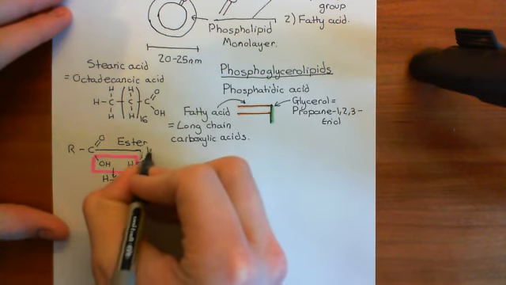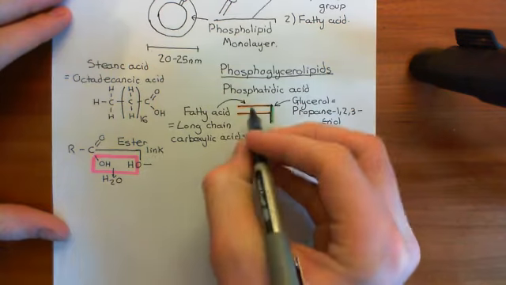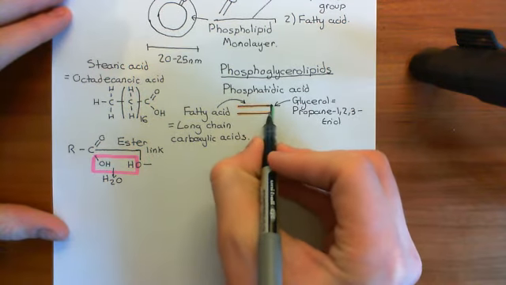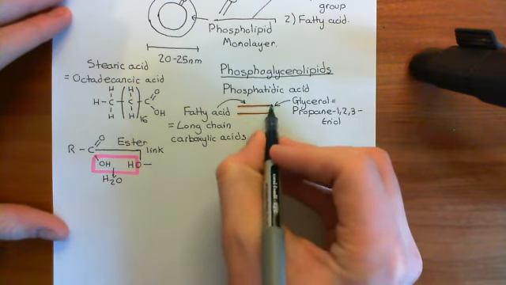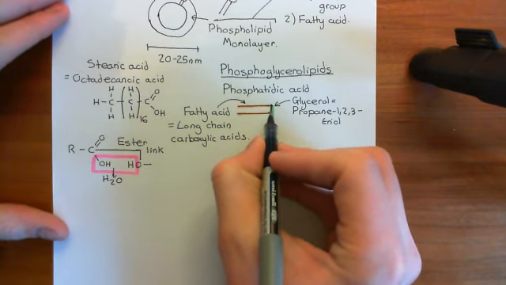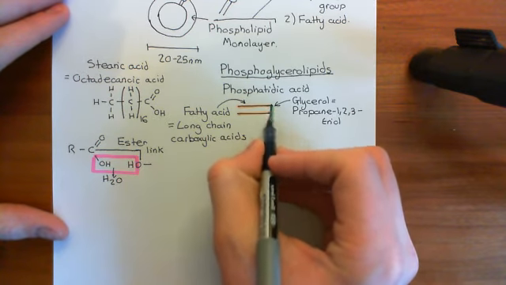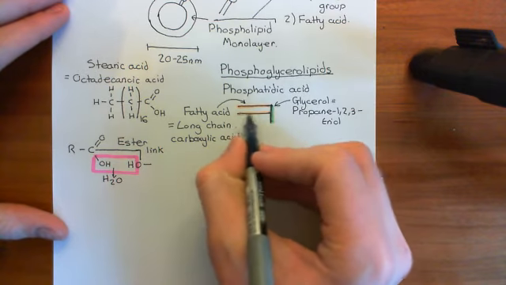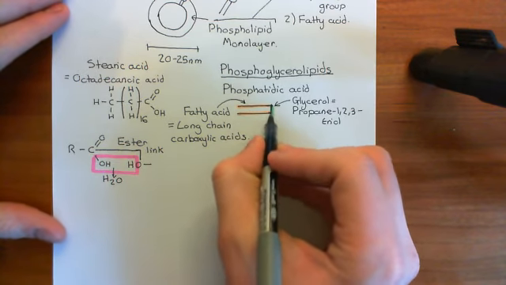So you take two different long-chain carboxylic acids and you esterify them onto the alcohol groups coming off the first and the second carbons of the glycerol molecule, and that will create a molecule known as a diacyl glycerol.